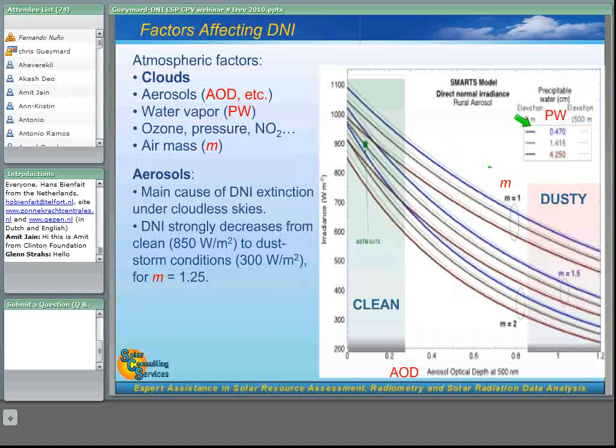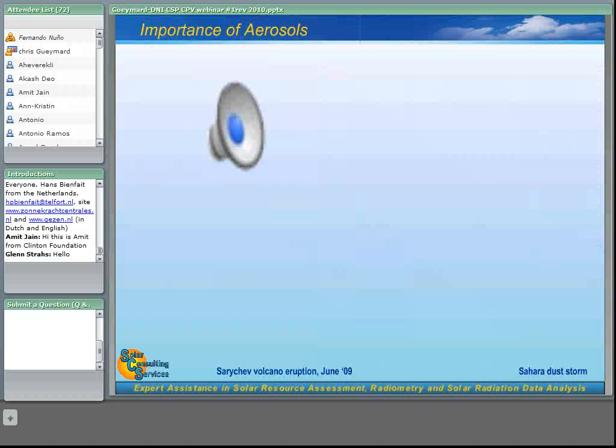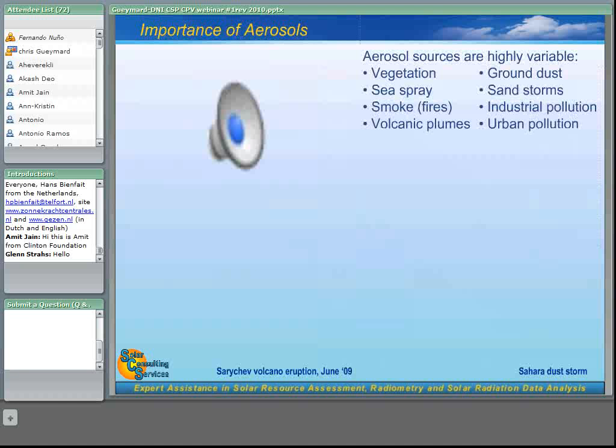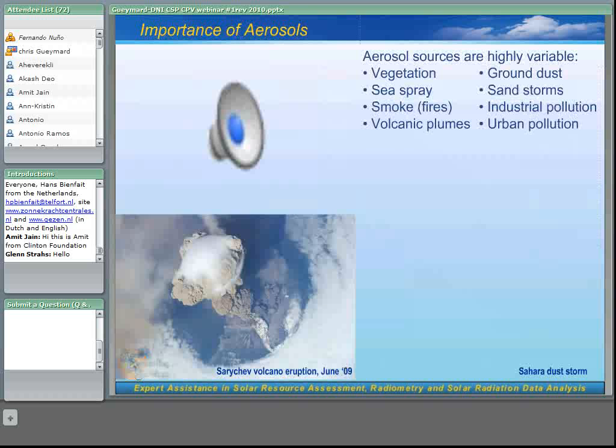So depending on air mass here, on precipitable water, but it has a very small effect compared to AOD. So AOD is a key parameter here. And so also it's important to note that DNI is about 3 to 5 times more sensitive to AOD than global irradiance. So it's relatively easy to obtain global irradiance data.